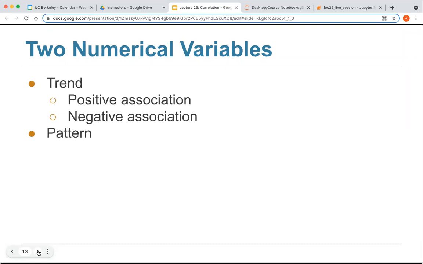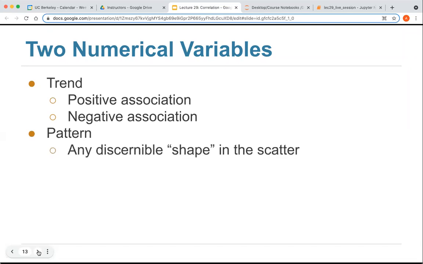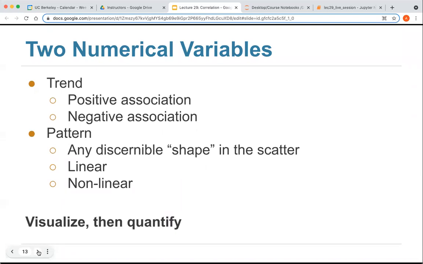Pattern is any kind of wave or any kind of difference from just a formless blob. The pattern that we observed was linear, right? The centers were following a straight line. It could also have been nonlinear. And so to discuss any of this, before we quantify, we are going to visualize.